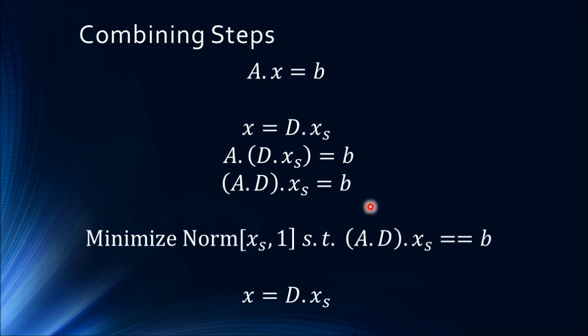And then you minimize the L1 norm of that sparse data subject to ADS equals B.